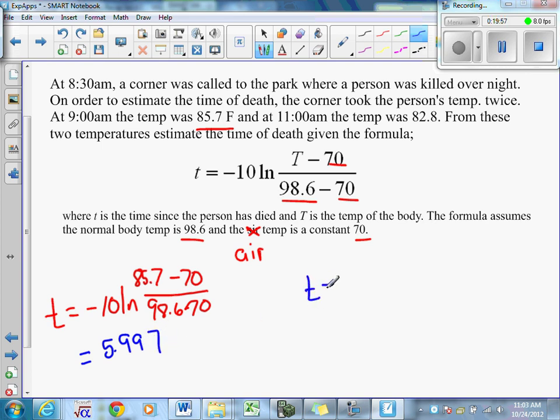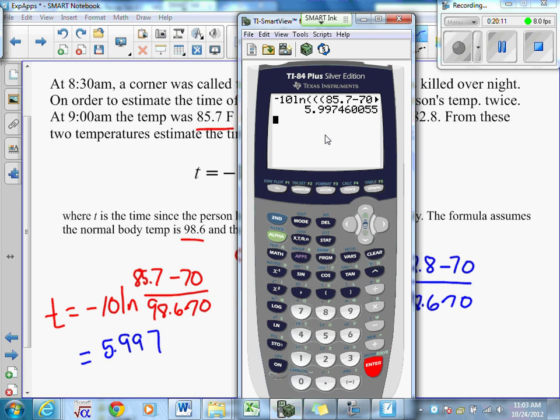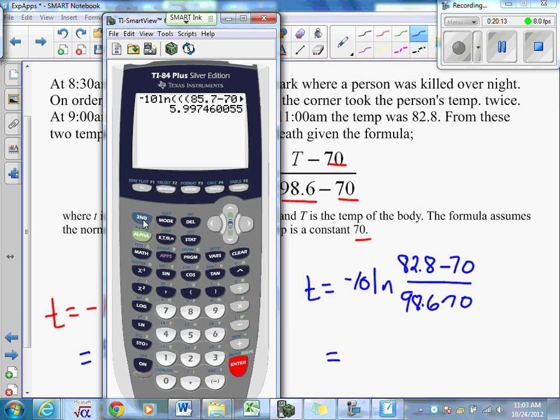Now, we're going to do the same thing, but 2 hours later, when it was 82.8. And we want to figure out what's the time later? So now we do the same thing, but I change my formula to 82.8.